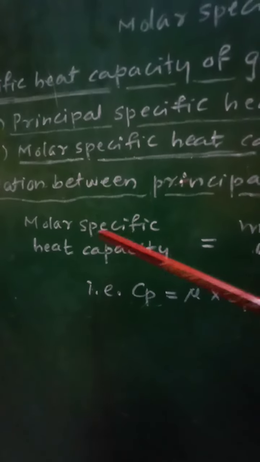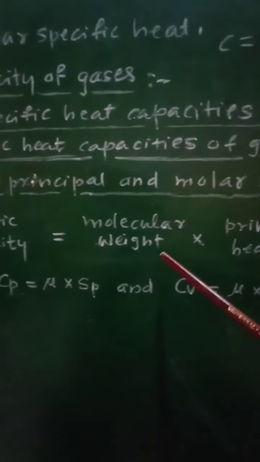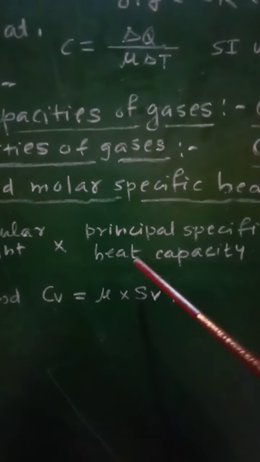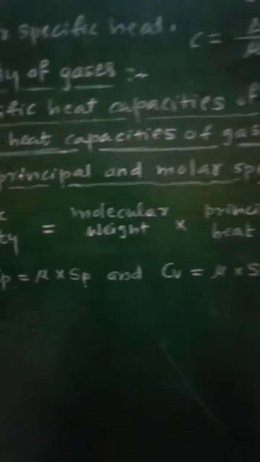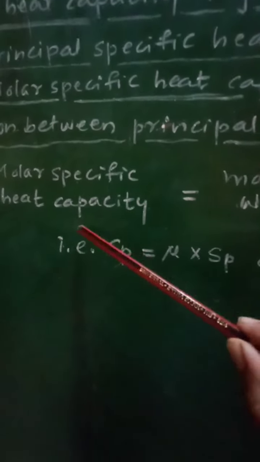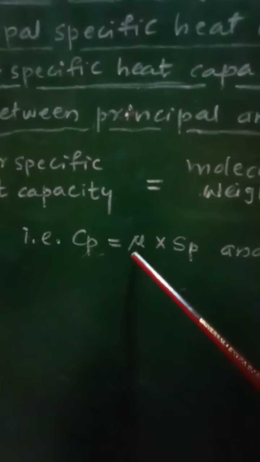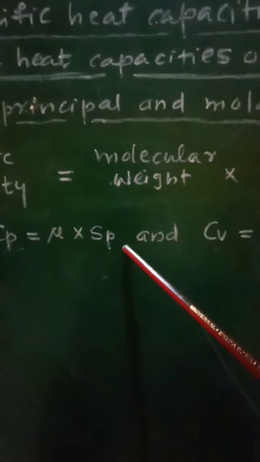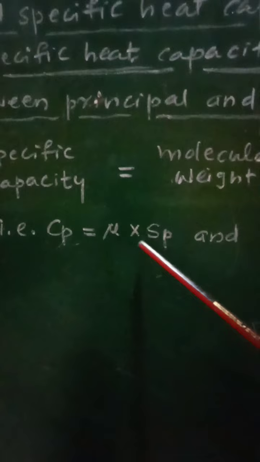Molar specific heat capacity is equal to molecular weight into principal specific heat capacity, and therefore we can write by using this relation the molar specific heat capacity at constant pressure, that is Cp, is equal to mu into Sp, that is molecular weight into principal specific heat at constant pressure.